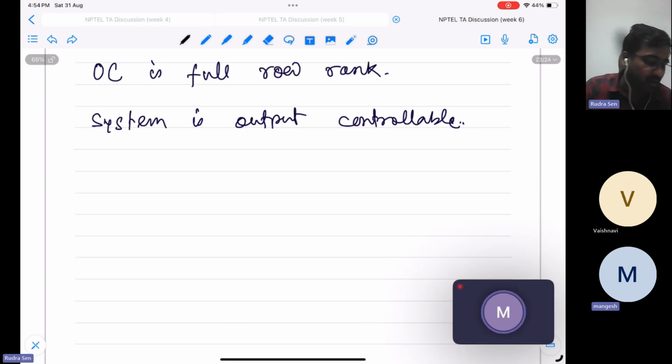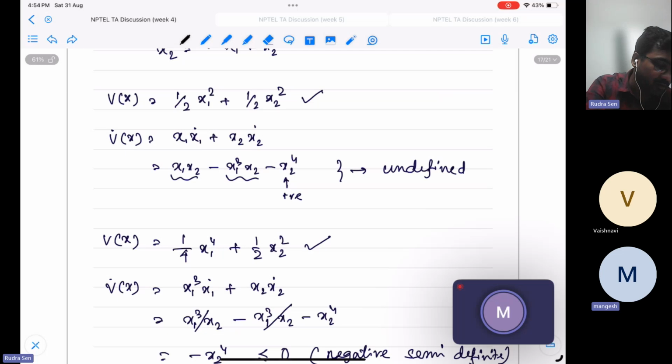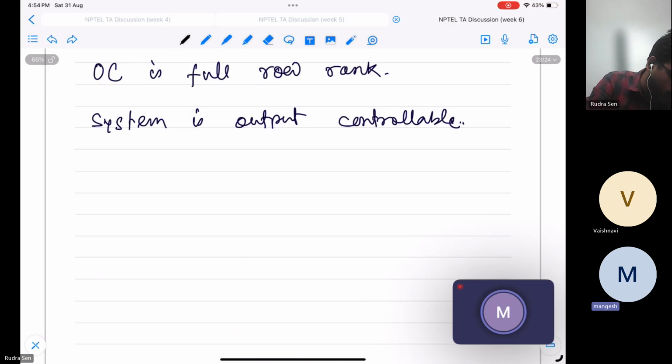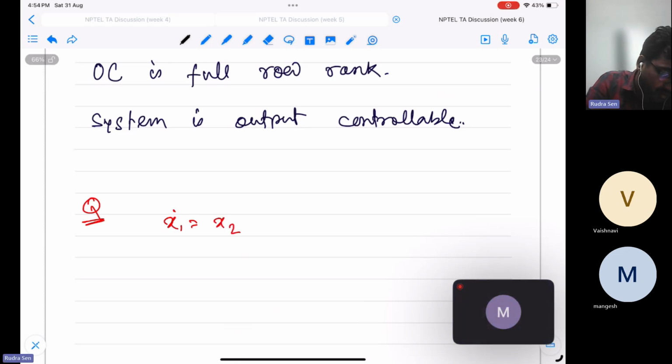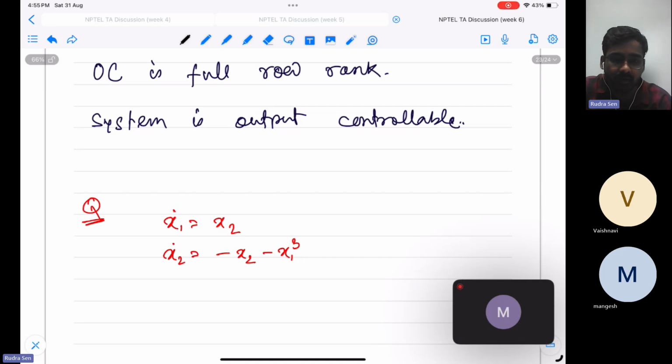Consider the following nonlinear system: x1 dot equals x2, x2 dot equals minus x2 minus x1 cube. So this is the system, and you are asked to find the stability of the system, right?